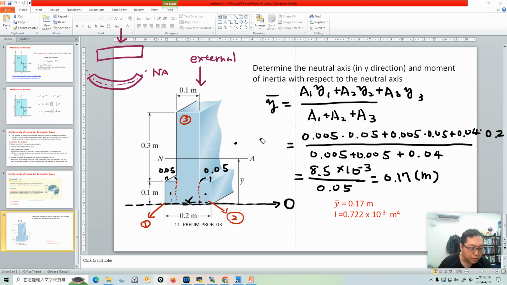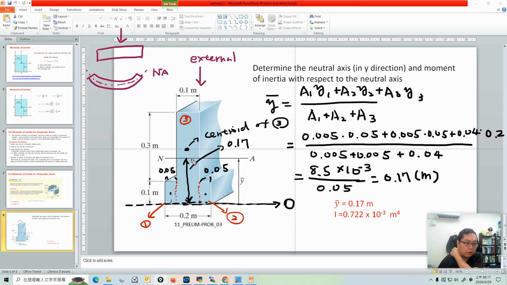The centroid is here, I think. I'm very bad at drawing. So the centroid is here, and here is the neutral axis, at 0.17. This is a centroid, and this is the centroid of 3. Okay, that's the correct picture.